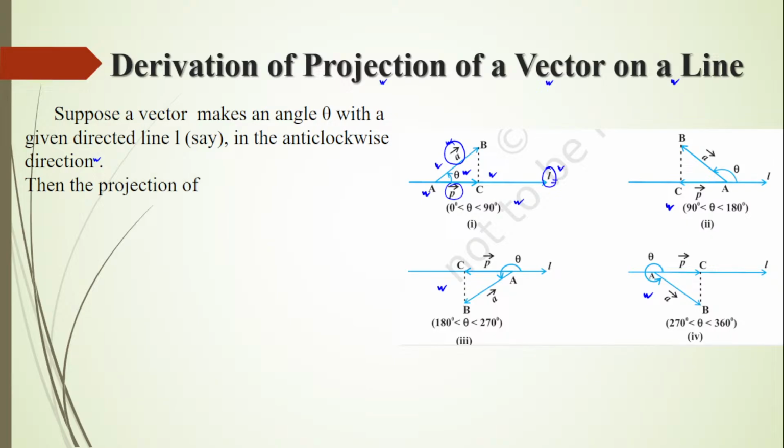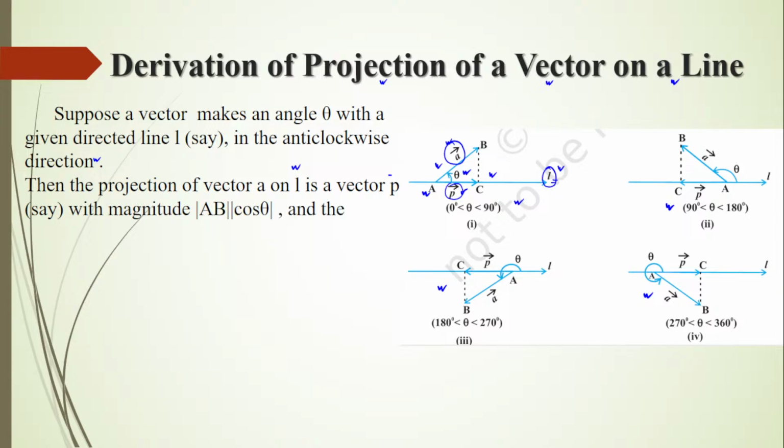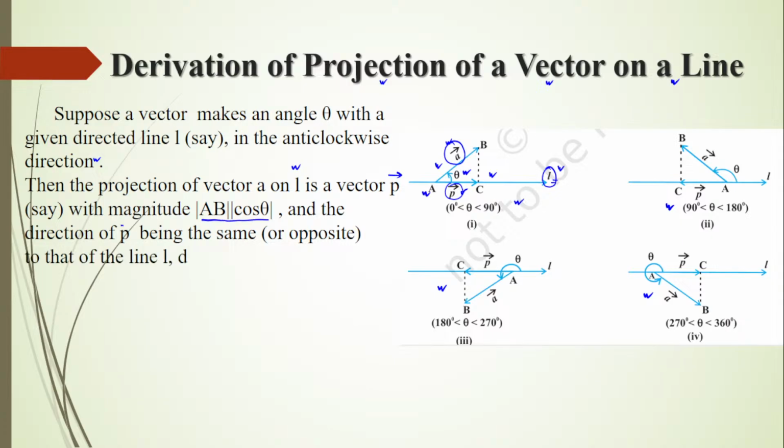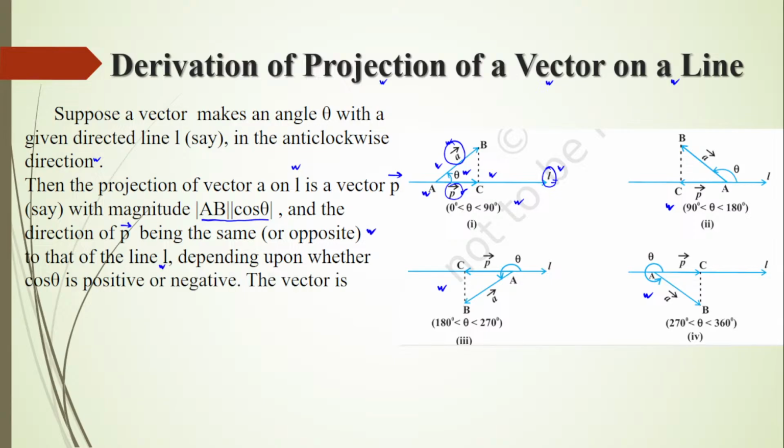Then the projection, this one or AC, of a vector on the line L is a vector P with magnitude, and the direction of projection vector P being the same or opposite to that of the line L, depending upon whether cos theta is positive or negative.